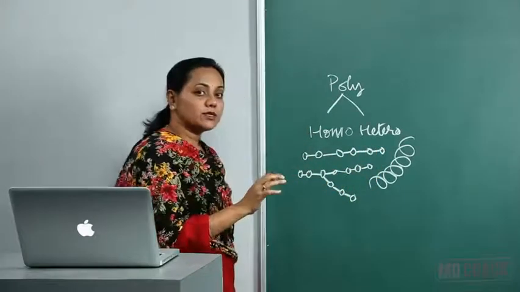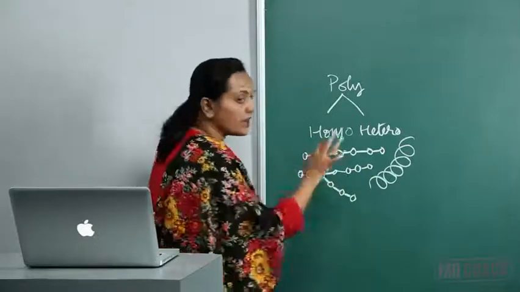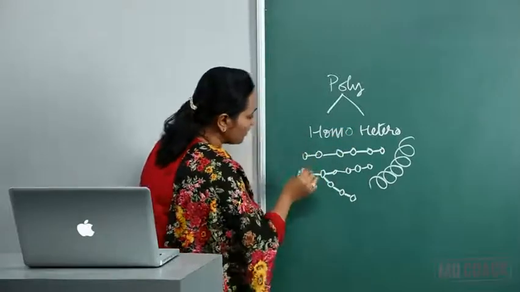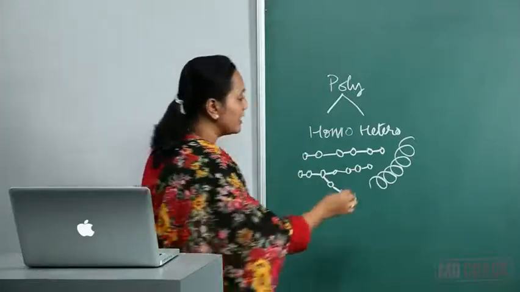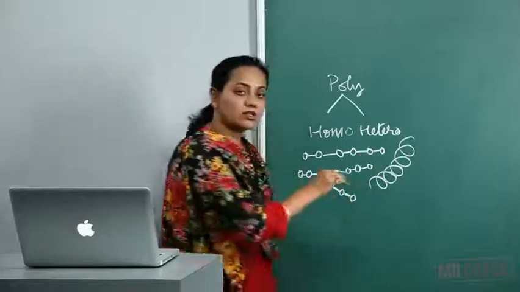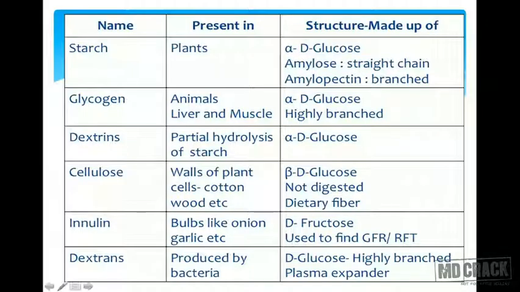The number of branches, where the branches occur, is also slightly different. So we have starch made up of amylose and amylopectin. Amylose has a helical structure. Amylopectin has a branch structure and it does not form a helix.